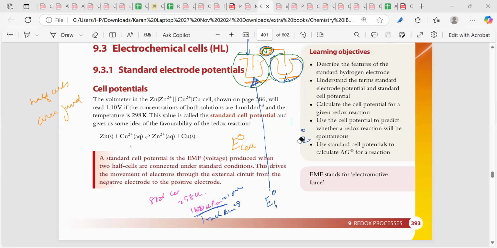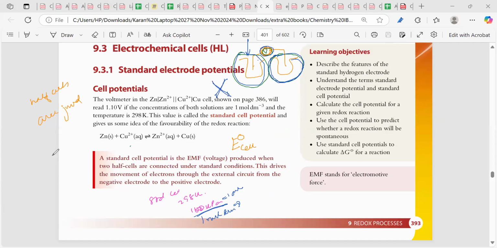Now, next, when we are discussing the standard cell potential, can we somehow find out the standard electrode potential of these two half cells individually? No, we cannot. Why?